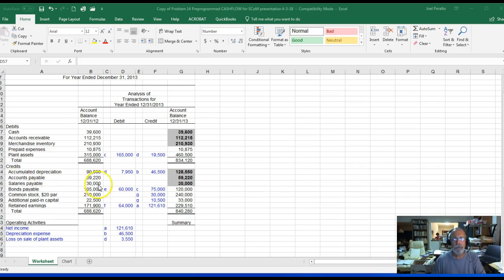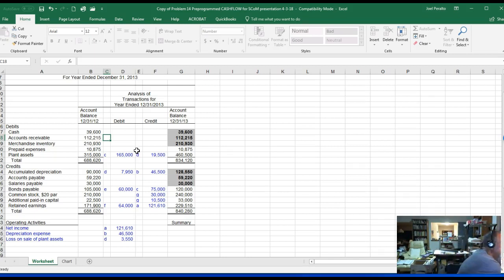And so we've used letters to correspond to our additional data, and I think maybe what we could do is use numbers for the other items. And so we can start with accounts receivable, and this is probably a little bit tricky too. Our accounts receivable, if we take a look at the balance sheet amounts in the textbook, started out at 112,215, ended up at 121,250.